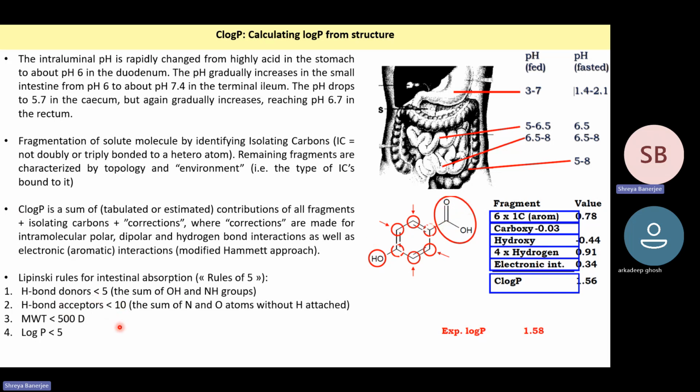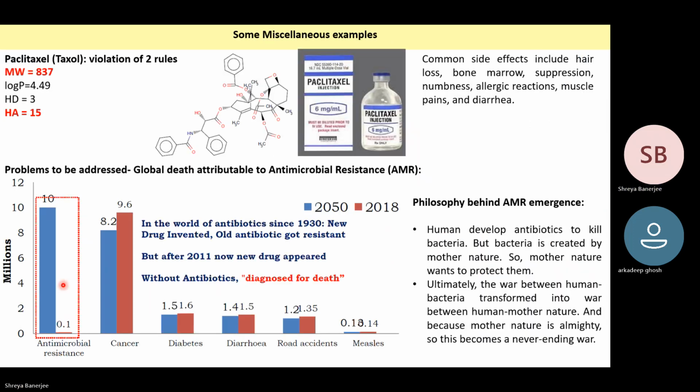They must be less than 10. The molecular weight must be less than 500 Daltons, and the log P, that is the partition coefficient, must be less than 5. So these are the Lipinski rules for intestinal absorption, and any good drug molecule must follow all these rules. So here are some examples.